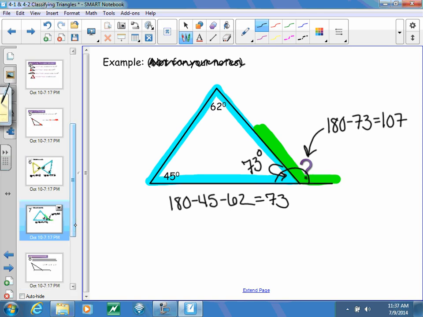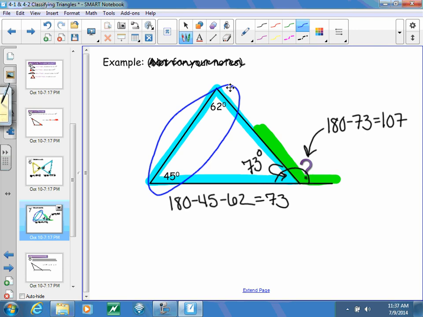Well, what I'd like you to think about is: is there another way that we can get 107 degrees? If you look at the numbers given here, we can do this in a two-step process, finding the interior angle and subtracting it from 180, or we can do this as a one-step process. We can add together these two angles, 62 and 45.